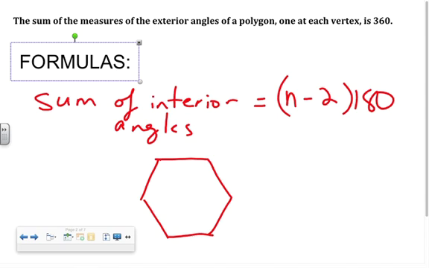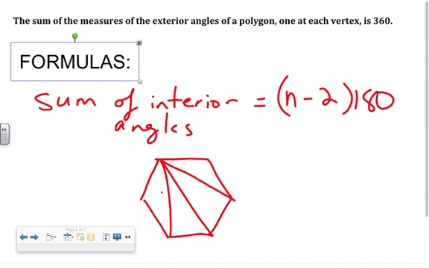If I go from one vertex and make as many diagonals as I can, think about what a diagonal is. A diagonal is a segment connecting non-consecutive vertices. So any vertex has 2 vertices adjacent to it, so that takes away 2 sides.